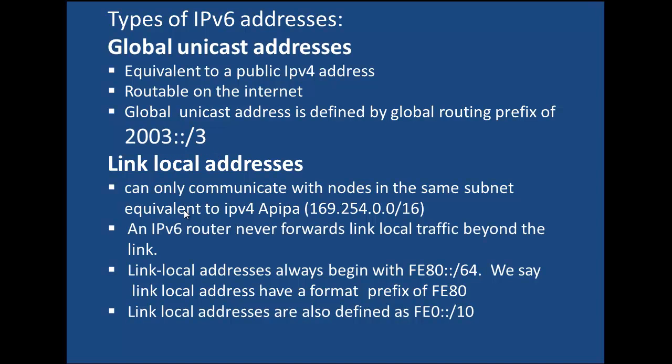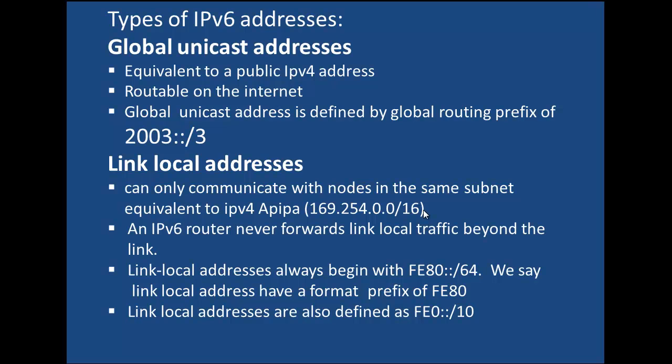Then we have another type of IP version 6 address, which is a link local address. As the name suggests, it's a local address. This means it can only communicate with other nodes within the same subnet. And that is equivalent to the IP version 4 APIPA address, which is 169.254.0.0/16.